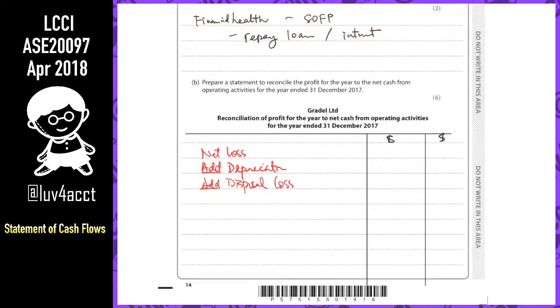Net loss 28200 negative. Depreciation 53200. Disposal loss 250. 53450.